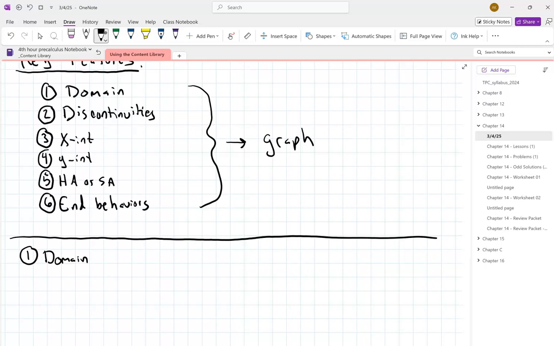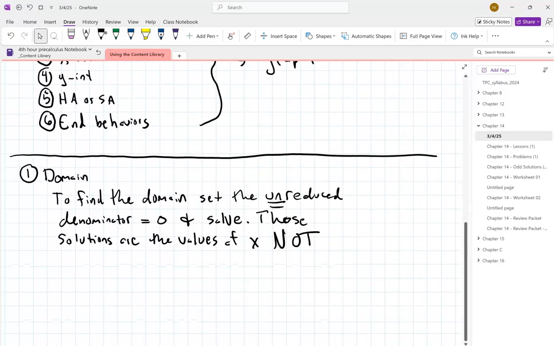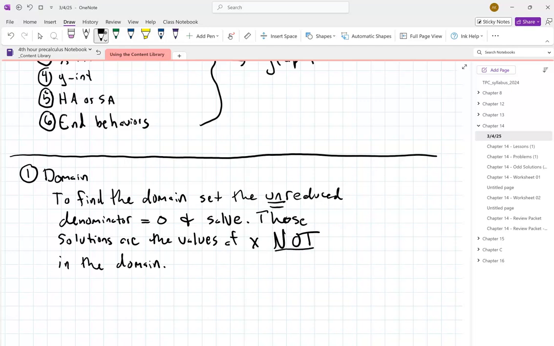So the first thing we'll talk about is the domain. To find the domain, we're going to set the unreduced denominator equal to 0 and solve.